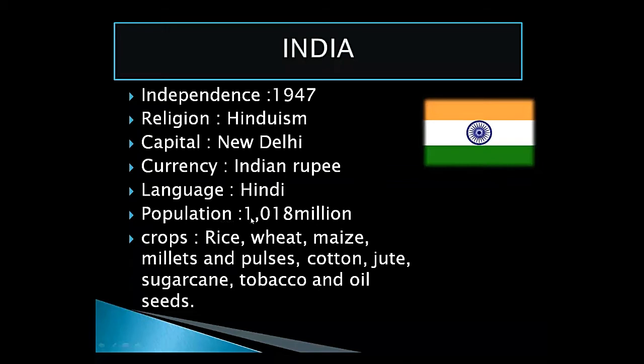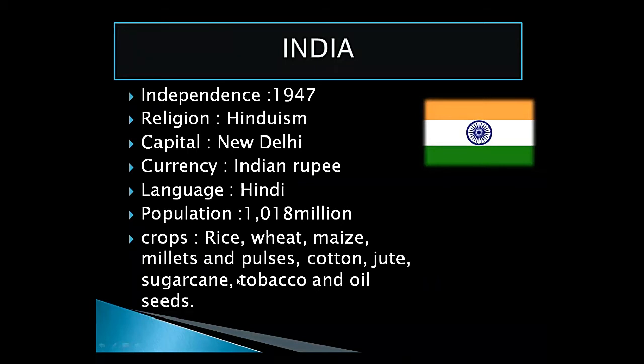The currency of India is the Indian rupee. The population of India is 1018 million. India is the second largest country in the world after China. India is a democratic country.